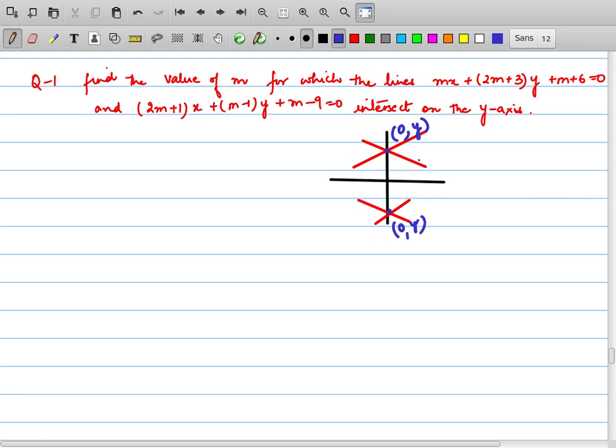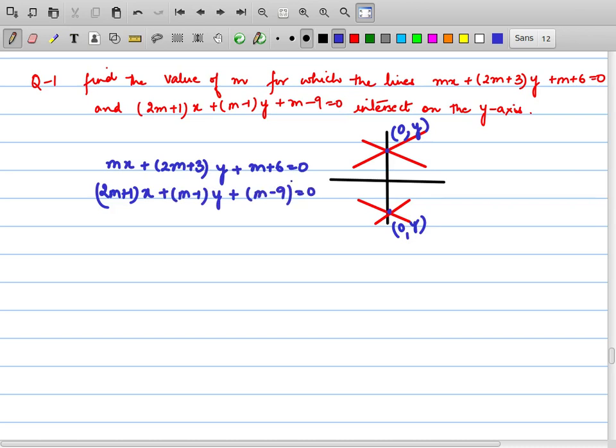So we know how to solve two lines simultaneously. We can use any of the methods we have learnt in class 9. So this is mx plus (2m plus 3) times y plus m plus 6 is 0, and the other equation is (2m plus 1) times x plus (m minus 1) times y plus m minus 9 is 0.